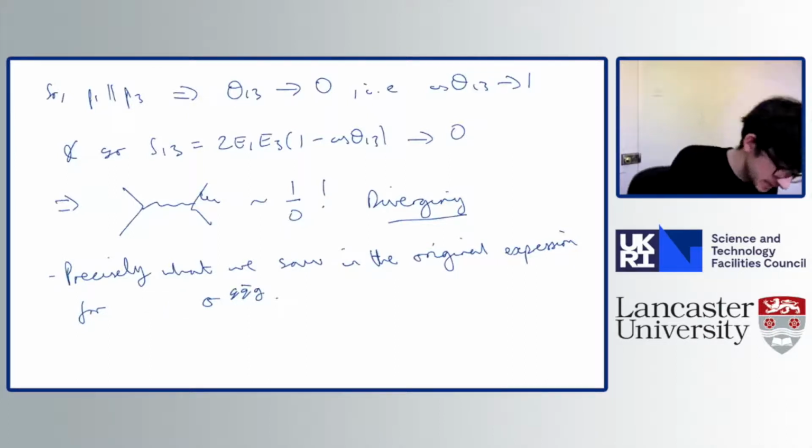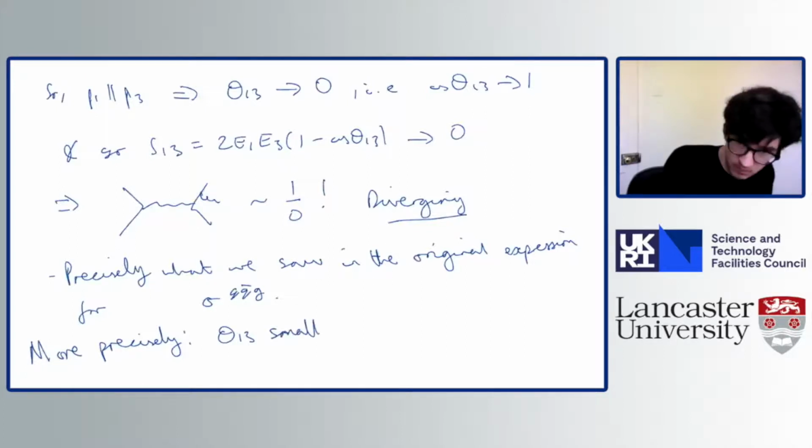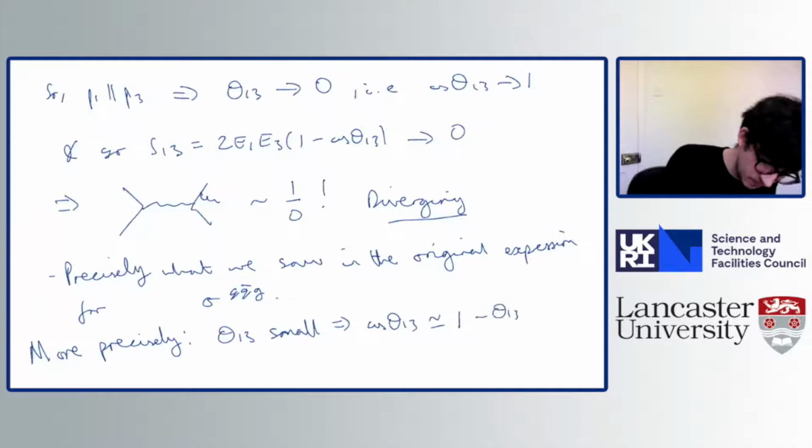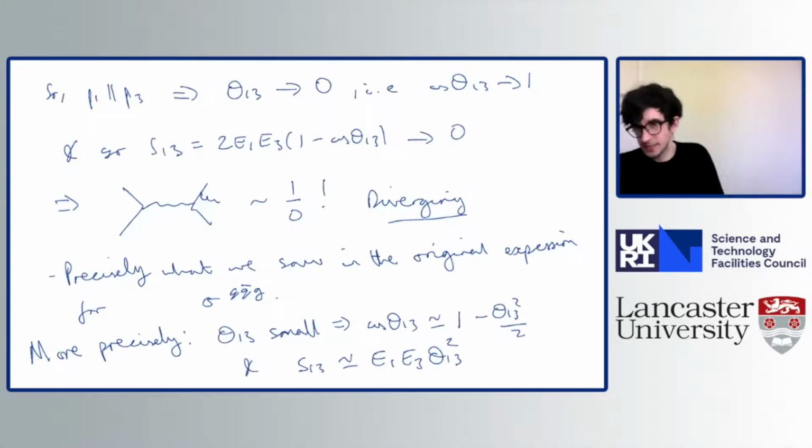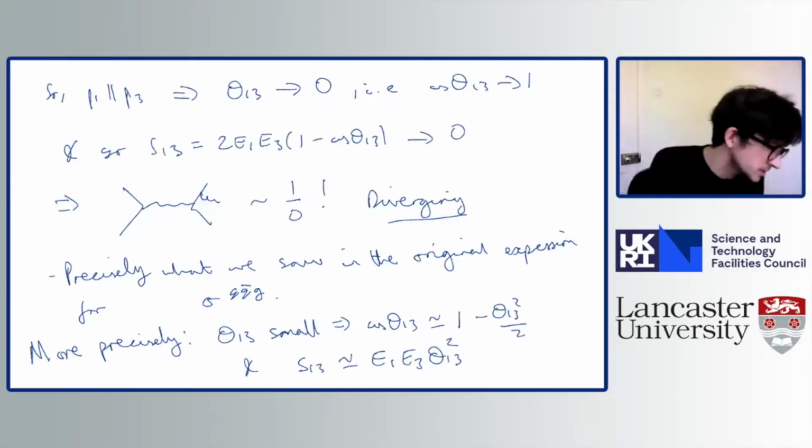So a bit more precisely, 1 over 0 isn't a great thing to deal with, so let's just say theta 1,3 is small, and we can just Taylor expand cos theta. And so this is what we have actually: E1 E3 theta 1,3 squared, which clearly, as I claimed above, goes to 0 when the angle goes to 0.